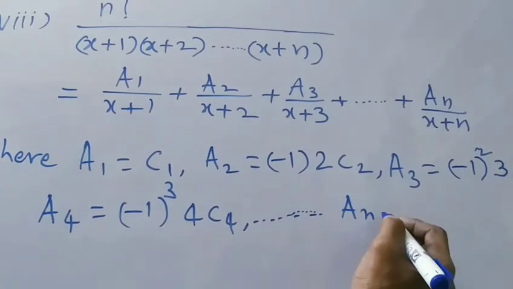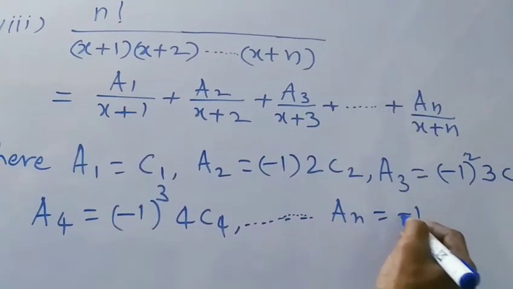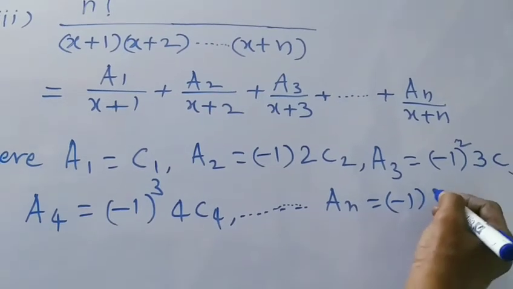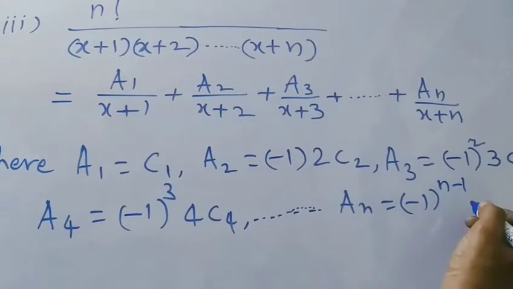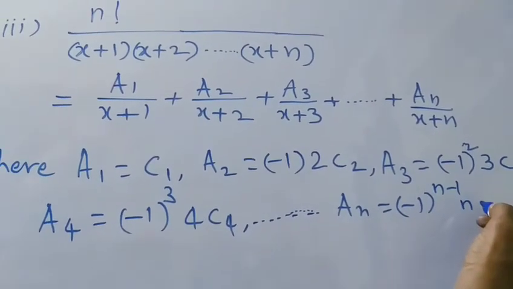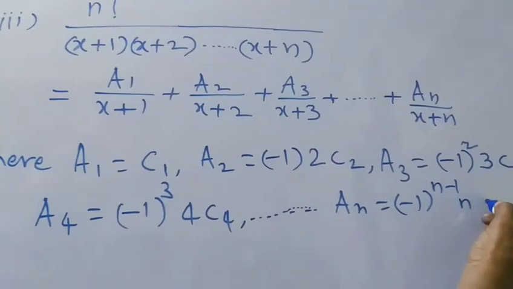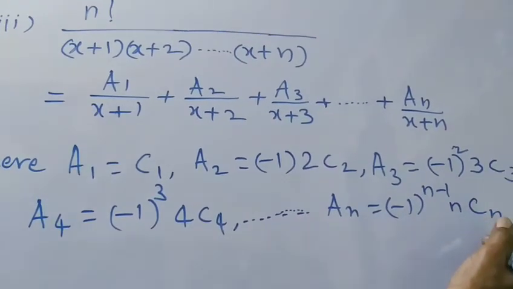An is equal to minus 1 whole to the power of n minus 1 into nCn.